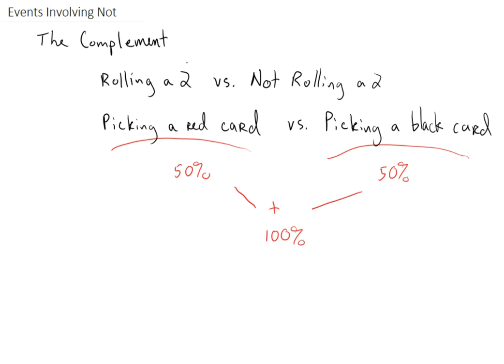So whatever the probability of rolling a 2 is, and whatever the probability of not rolling a 2 is, if we add them together, we'll get 100% of the probability. We usually express probability as a fraction, so this would be 1/2, this would be 1/2. When we add them together, we get 1, which is the same as 100%.